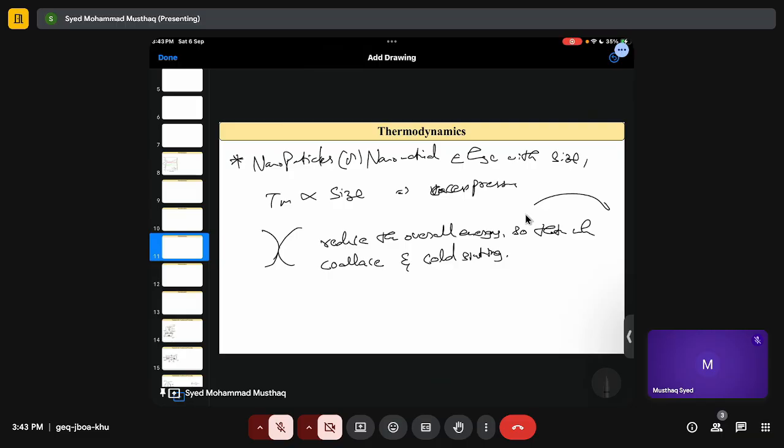So yeah, that's all. And then we have discussed how our melting point will change, how our phase transformations also change, and then we have derived the Gibbs-Duhem equation, and how this Gibbs-Duhem equation is very useful.